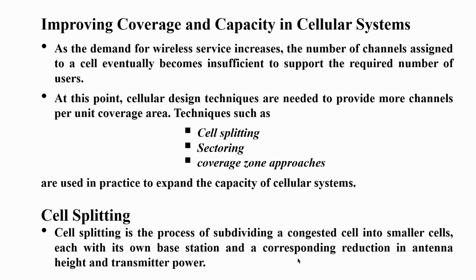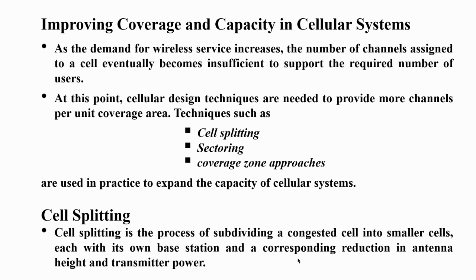We are considering a cell which is congested. Normally we cannot accommodate more users in that particular cell. So if we want to manage the congested number of users, we are going to split the cell into n number of smaller cells. These smaller cells will each act as one cell.